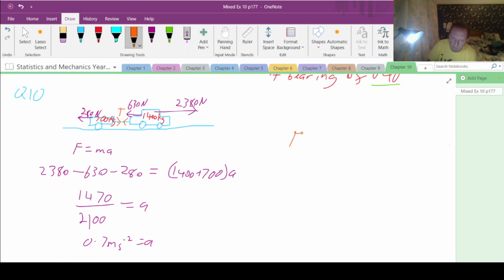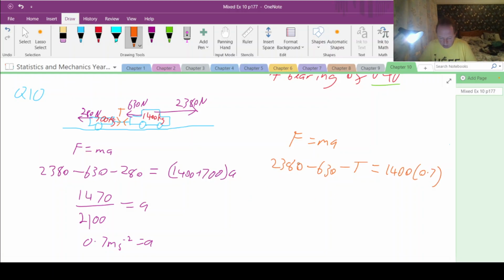If we do F equals ma, but consider only the car this time, we've got 2,380, take away the 630, take away the tension force, is equal to the mass, 1,400, times 0.7, the acceleration.